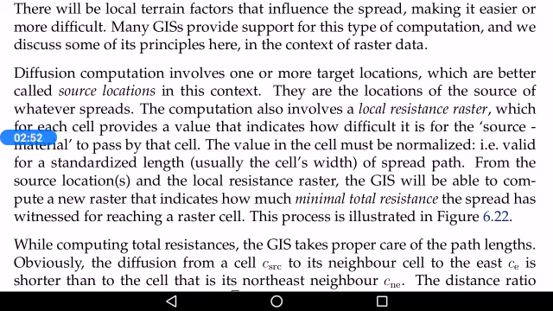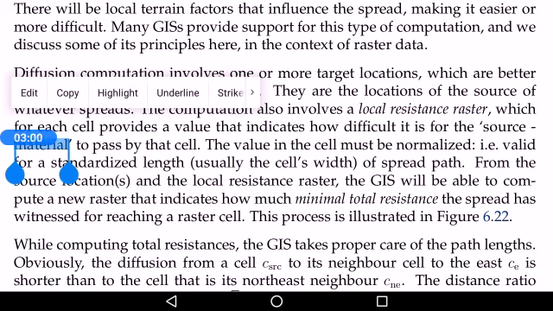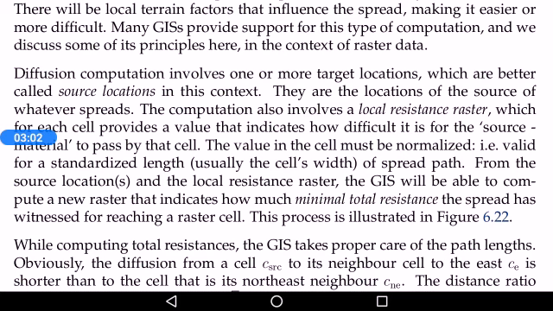So as it is passing by each cell, some kind of resistance will be provided by that cell. So the value which is mentioned in each cell provides an indication of how difficult it is for the source material to pass by that cell.